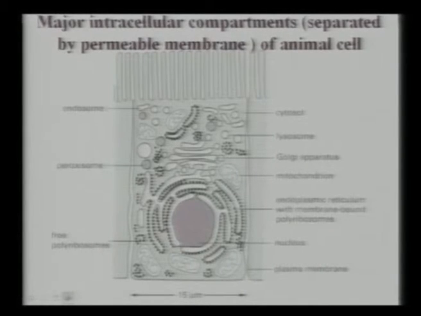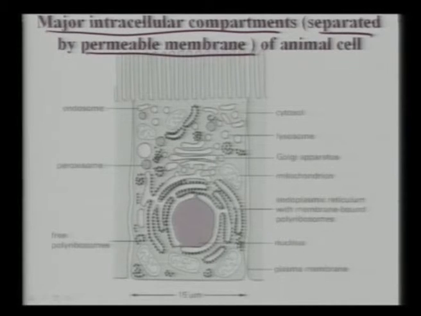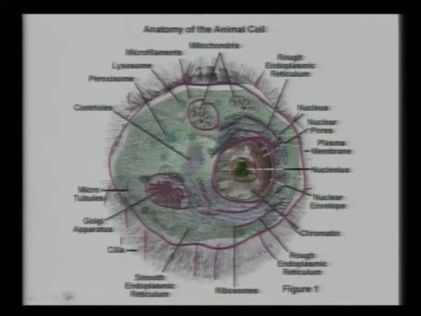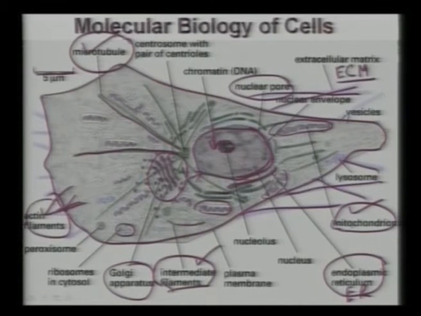Now another thing is that major intracellular compartments are separated by permeable membranes. If you go back to this particular view graph, you can see the mitochondria. If you look at the mitochondria morphology here, the mitochondria is contained by an envelope which differentiates it from the cytoplasm. So each mitochondria has a membrane, just like a cell is enclosed by a membrane.